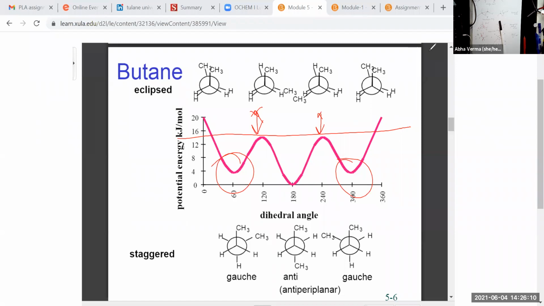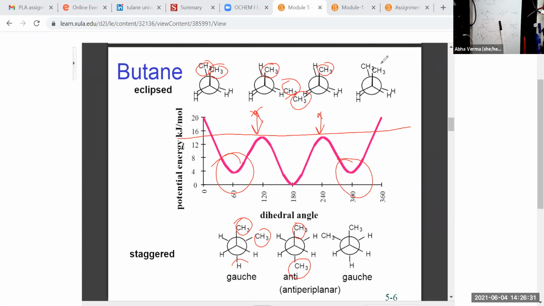And so the energy differences in butane are because of these bulky methyl groups and the location of these methyl groups relative to each other.